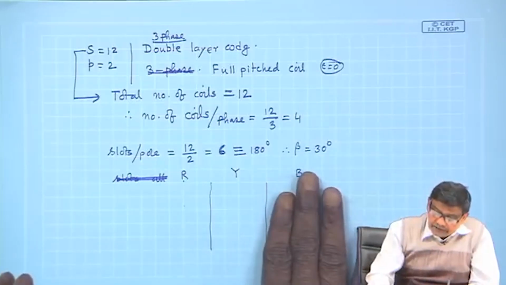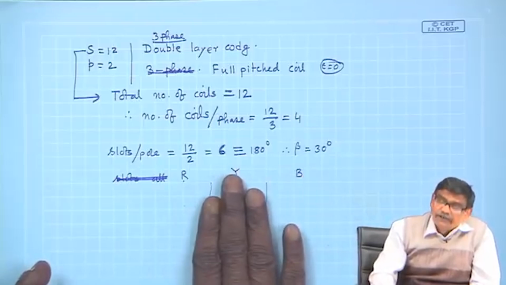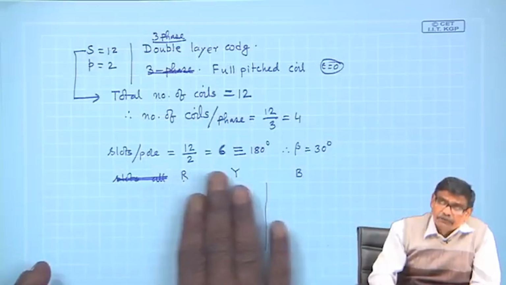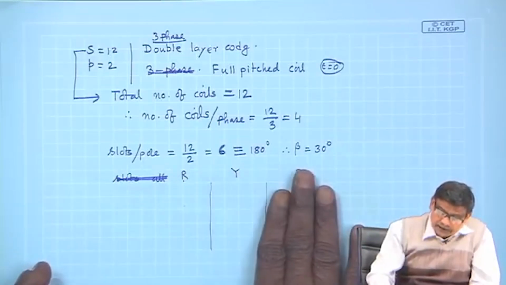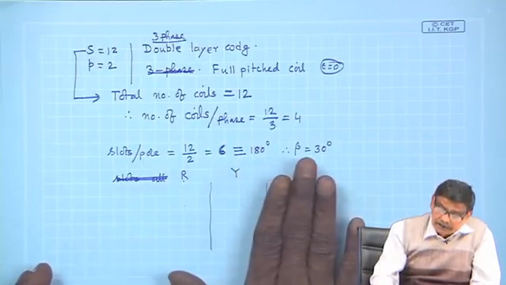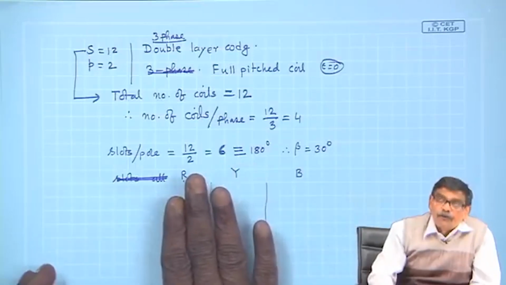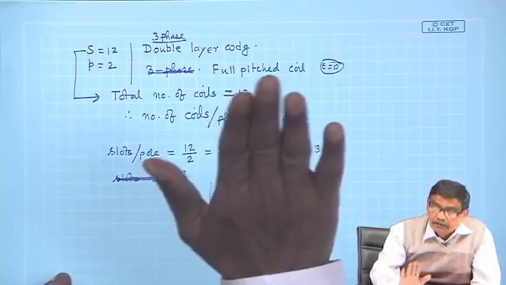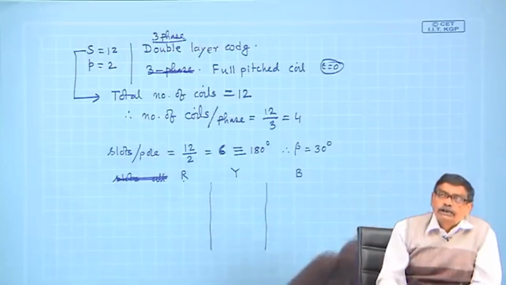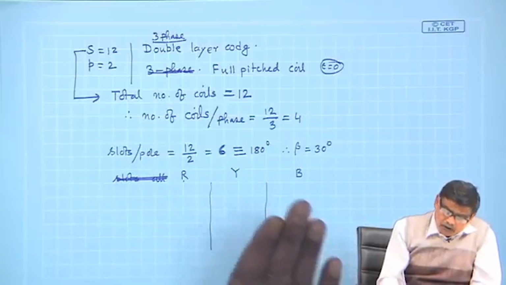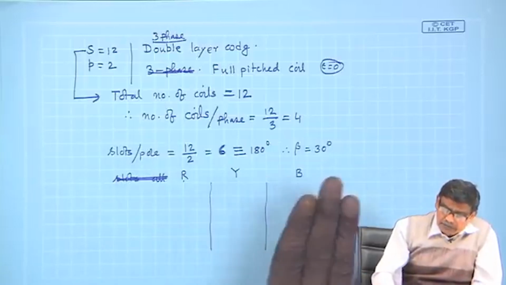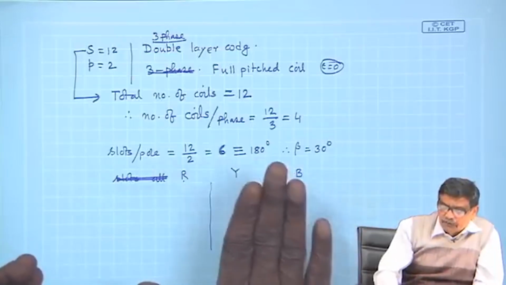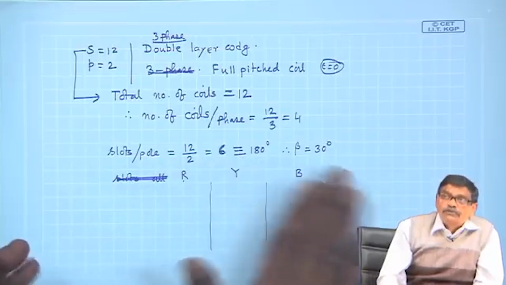Similarly, B phase winding too will be similar to R phase winding, but displaced from R phase winding in space by 240 degrees, or displaced in space by 120 degree from Y phase winding.